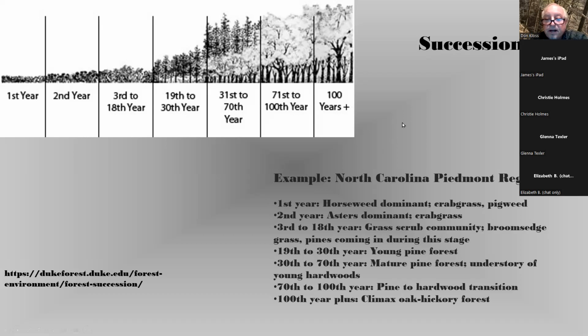And then in the 19th to 30th years, it starts to become young pine forest. They start to grow up in there. Those become the first of the pioneer trees. And in the 30th to the 70th years, it becomes a mature pine forest with the understory of young hardwoods, young deciduous trees.